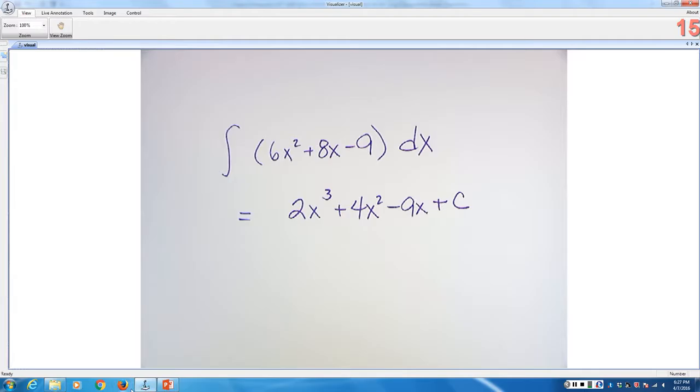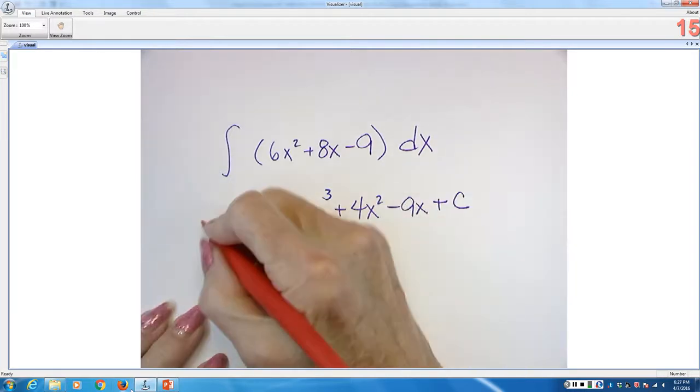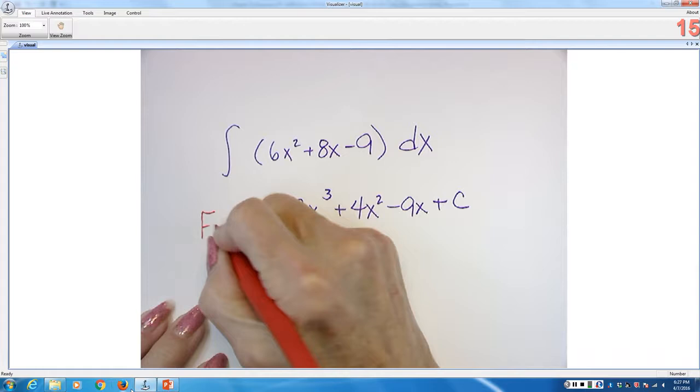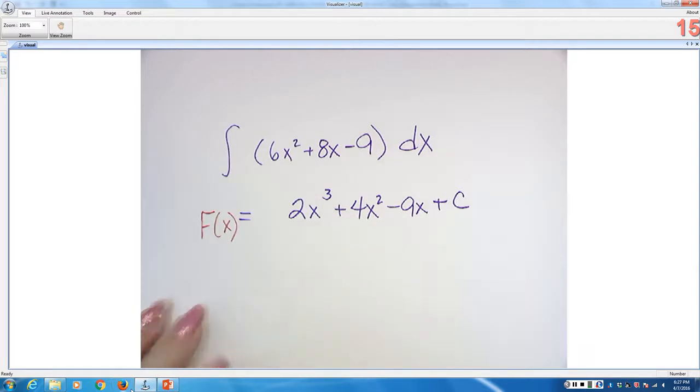So here's what we've got so far. We have found the antiderivative of 6x squared plus 8x minus 9. So what we have now is the function that we started with.